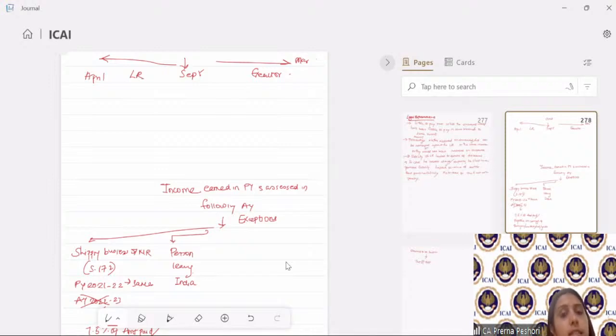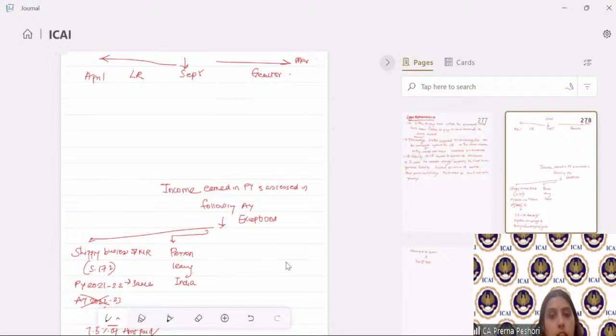That particular income will be assessed in the same year. Is that clear? The AO can estimate the income where his income cannot be easily determined. Clear? Is that clear? Any doubt?